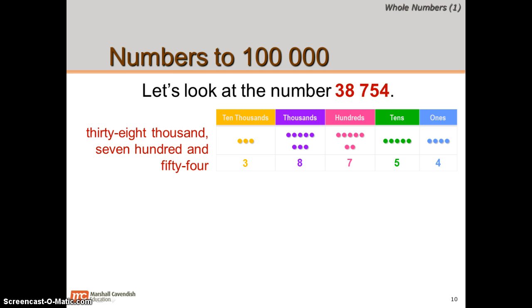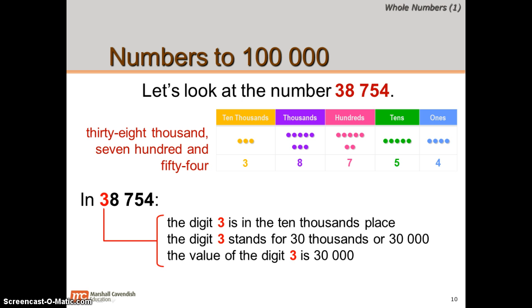Alright, let us look at this number, 38,754. The digit 3 here is in the 10,000s place. So the digit 3 stands for 30,000. You write this down as 30,000 in numerals.